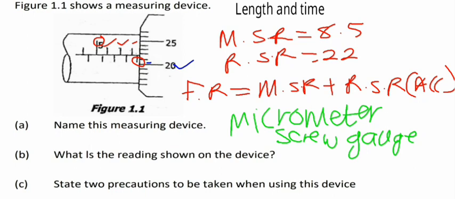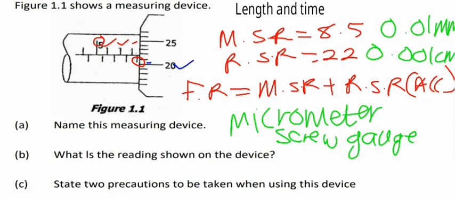The accuracy of the micrometer screw gauge in millimeters is 0.01 millimeters. Then let's come to the centimeters. As for the centimeters, it is 0.001 centimeters. That's the accuracy of the micrometer screw gauge.